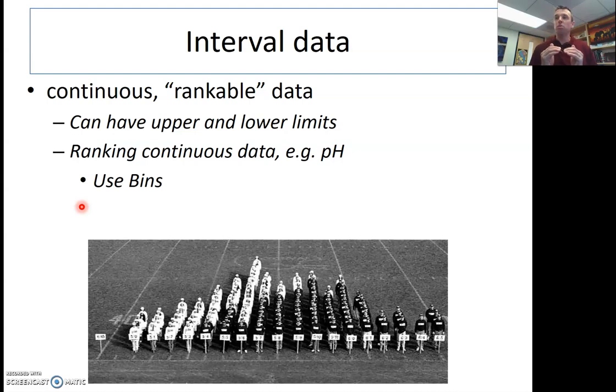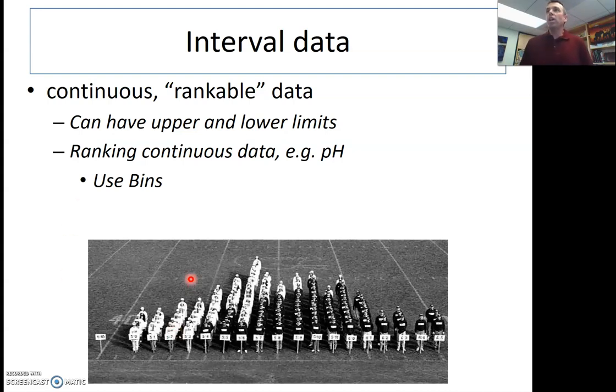One of them might be 6 feet 0.1 inch, some might be 6 foot 0.2, 6 foot 0.3. There are always some differences there. So lengths, all of these things are continuous. They can still have upper and lower limits, but the idea of interval data is that it's continuous and rankable.